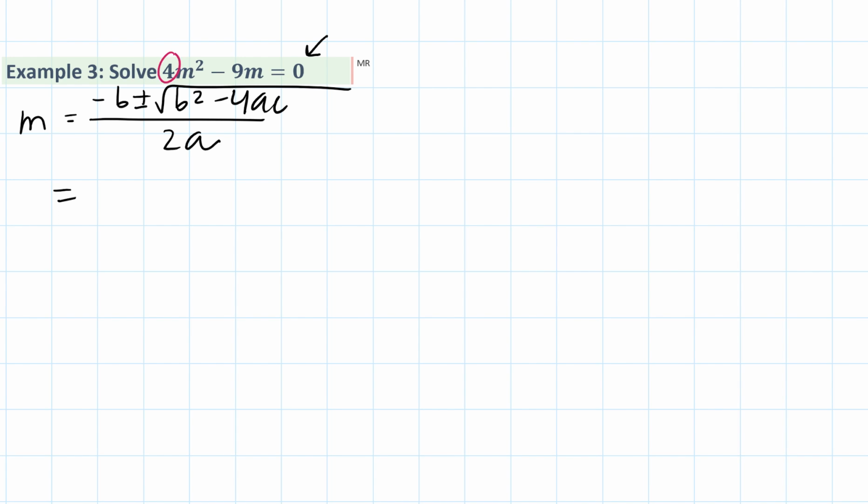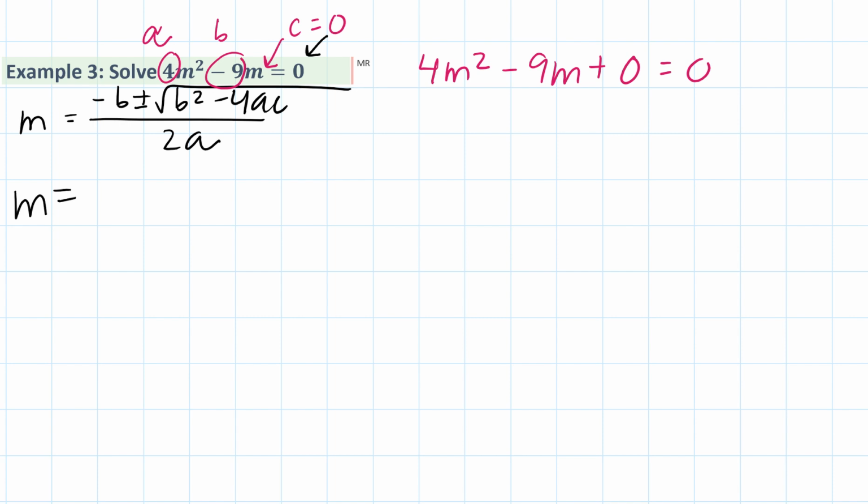This time I've got my a term would be here. Here's my b term. The c is the constant, the number with no variable attached, and there isn't one, so c would be 0. That's like saying this equation is the same thing as 4m squared minus 9m plus 0 equals 0. Okay, so we substitute. M is 9 plus or minus the square root of negative 9 squared.